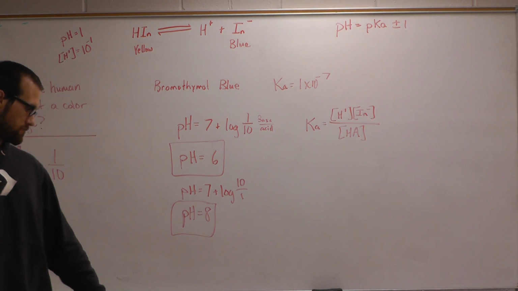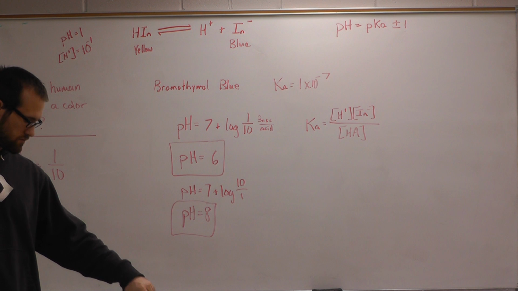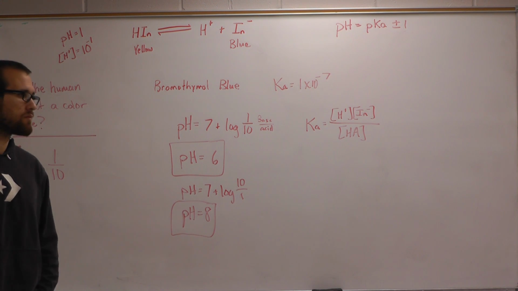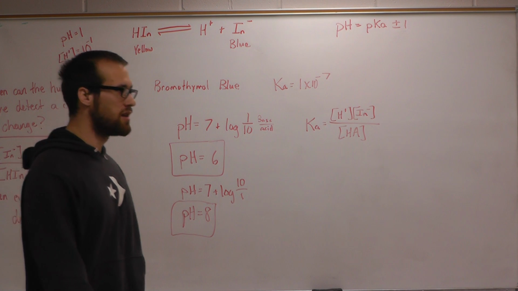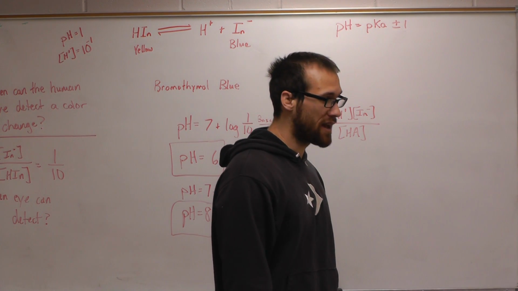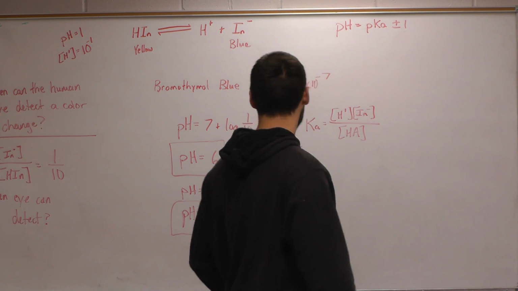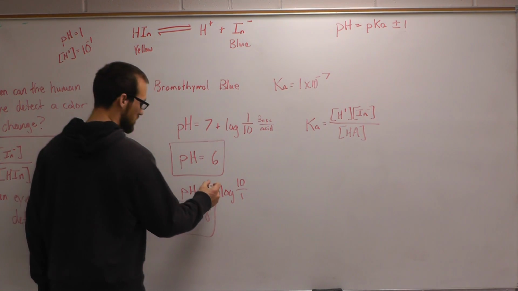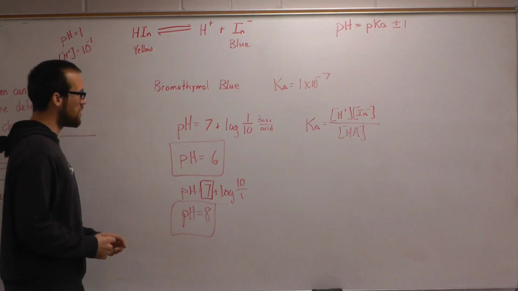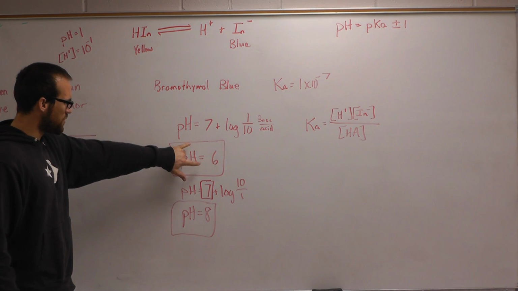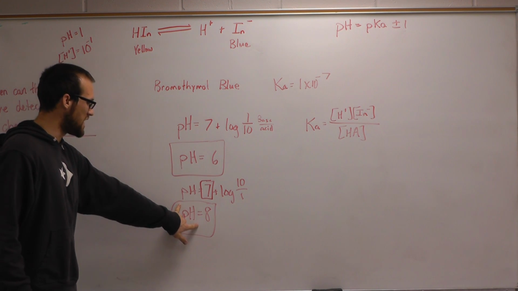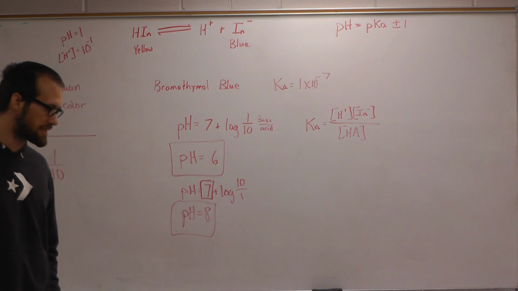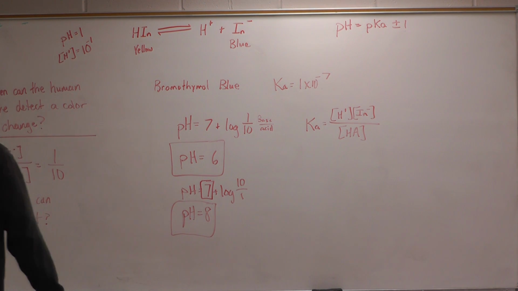We want our equivalence point to be plus or minus 1 of the indicator's pKa value. So, if our equivalence point was 7, we would want to use this indicator because we could see a color change at 6 if we were titrating an acid, and at 8 if we were titrating a base.